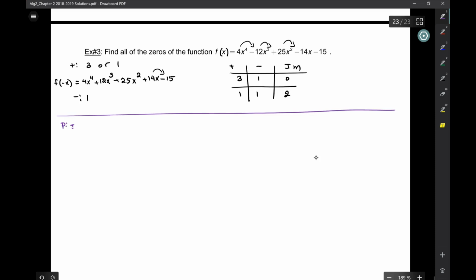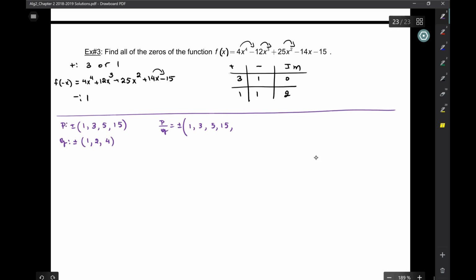So for P, we're going to get plus or minus 1, 3, 5, 15. For Q, we're going to get 1, 2, 4. Okay, so we're going to do P over Q, and that's going to be plus or minus. All of the P's divided by 1 gives me 1, 3, 5, and 15.